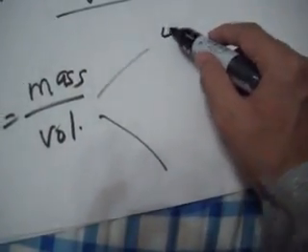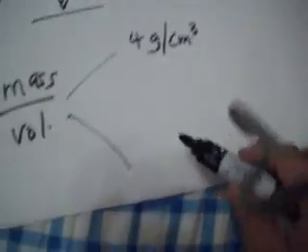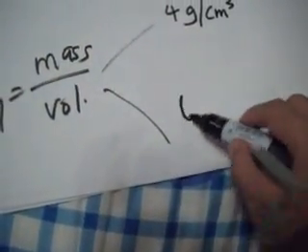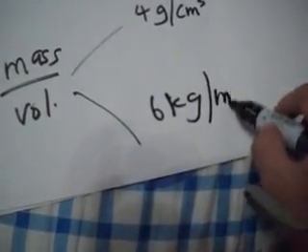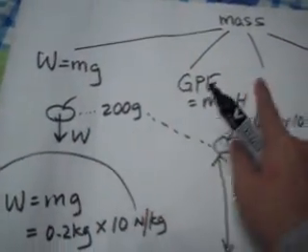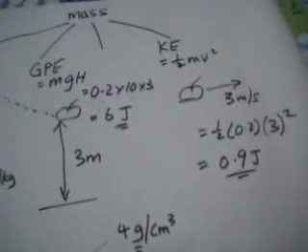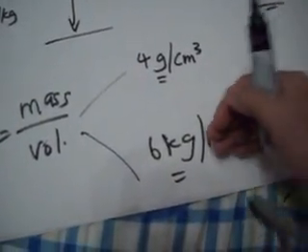Example, 4 gram per cm cube. Okay, example, 6 kilogram per meter cube. So for calculation of density, it may be in gram or kilogram. So for all other calculation, mass will be in kilogram, except for density, it may be in gram or kilogram.